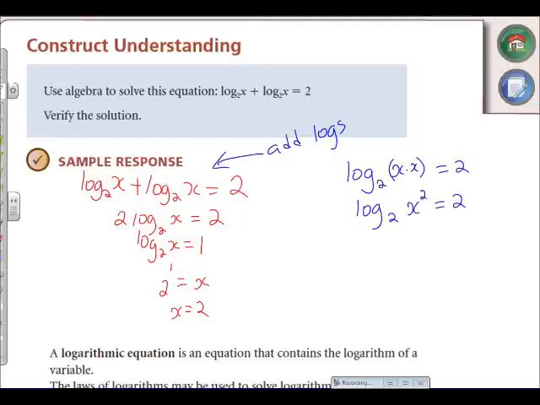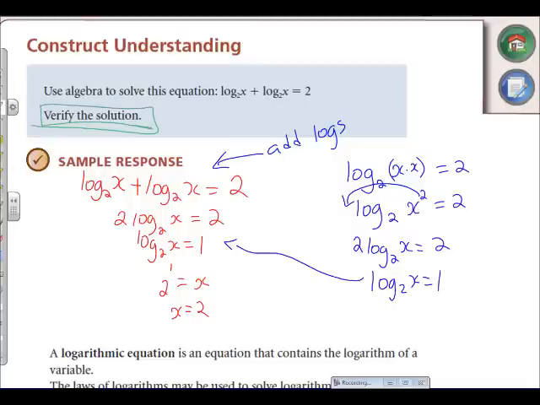And then from there, we can either take it to exponential form at this point if you would like, or easier, I would suggest, is bring the exponent down in front. 2 log base 2 of x equals 2. Divide the 2 over, log base 2 of x equals 1. And then we're at the same point that we were here. So there's always more than one way of solving the log equations, and you'll see as we go along.